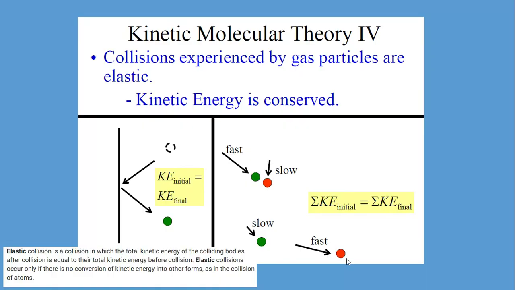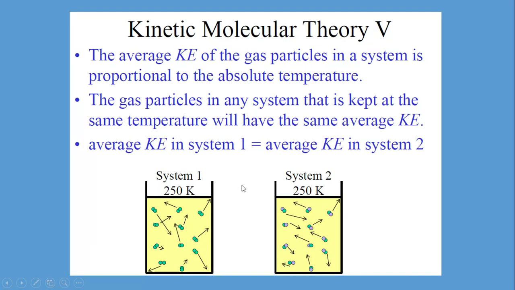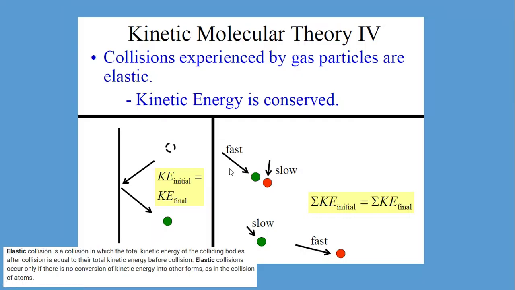However, let's say you've got what you see on the screen right here. Oops, I'm so sorry, guys. Okay, so you have a fast one hitting a slower moving particle, and so the kinetic energy is transferred to that.